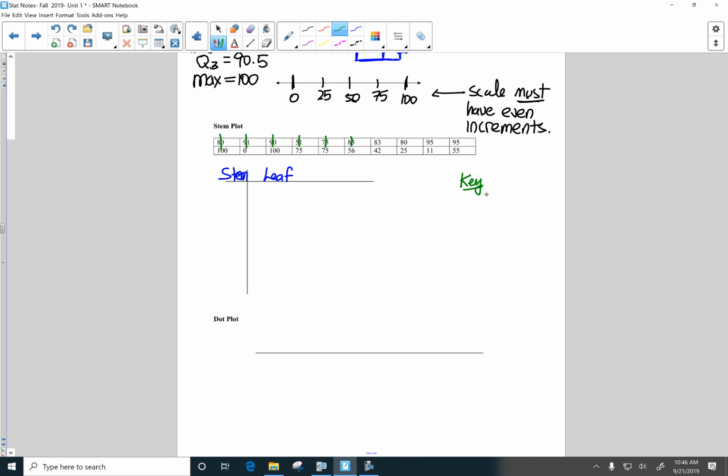So you give the graph, and you give a way of interpreting the graph. So what I do is I choose an example from the data set, like 9/0 means 90. And that's because, depending on the nature of the stem plot, 9/0 could be 9.0, or it could be 9 to the 0th power. You know, people can go in a lot of different directions with these stem plots.